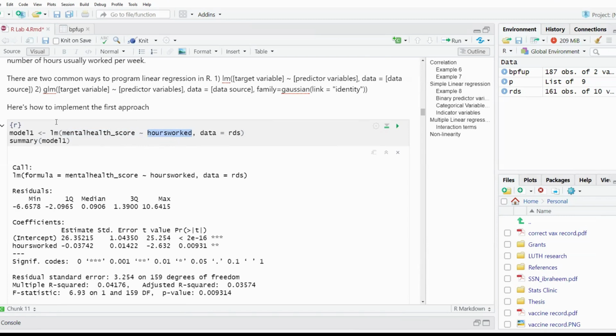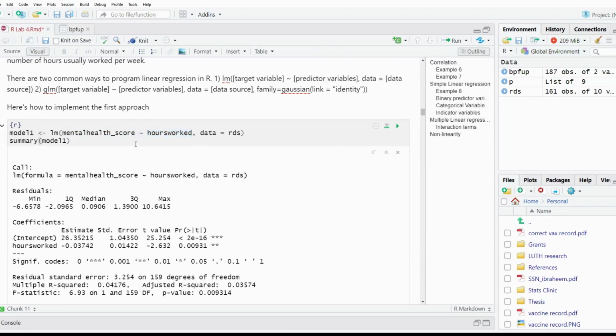The y, which is the response variable or the dependent variable, comes first. And then you have this tilde. The tilde looks like an approximate sign or something. And then you have the second variable, which is a predictor variable that you're using to explain this.